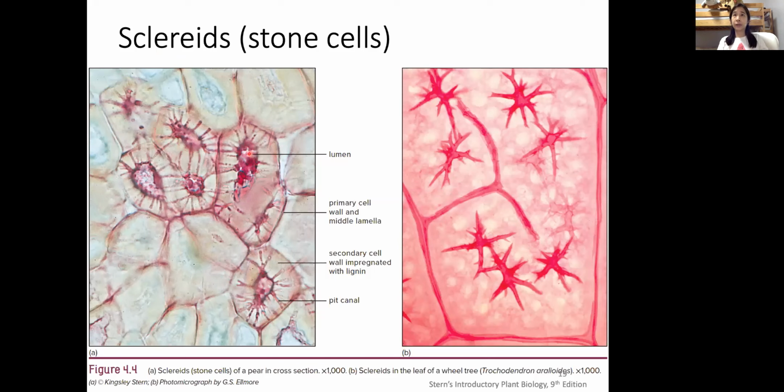Inside the thick secondary cell wall, you have a space. It used to be cytoplasm, and after the cell dies, this cavity becomes a lumen. And while the cell is still alive, there are passages between inside the cell and outside. This passage is called a pit canal.